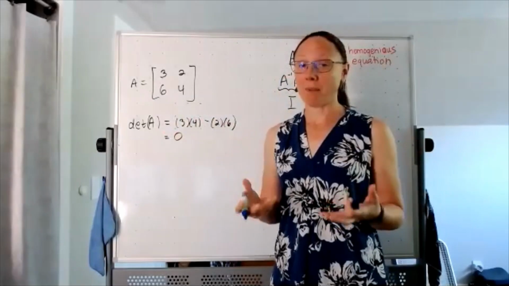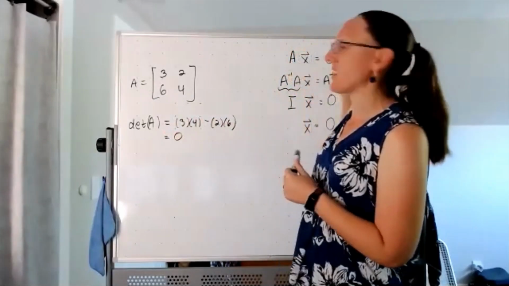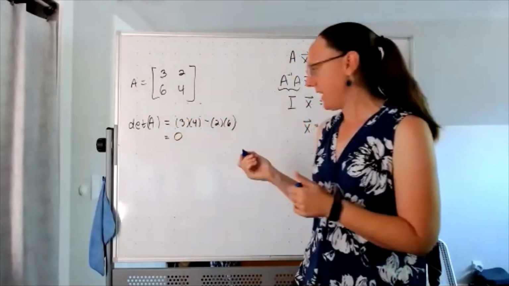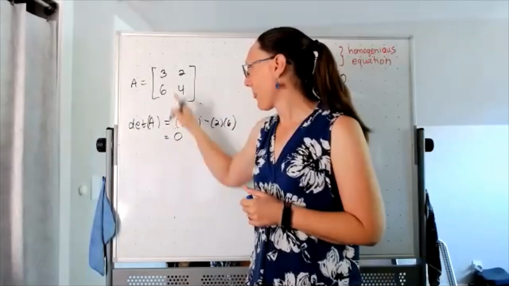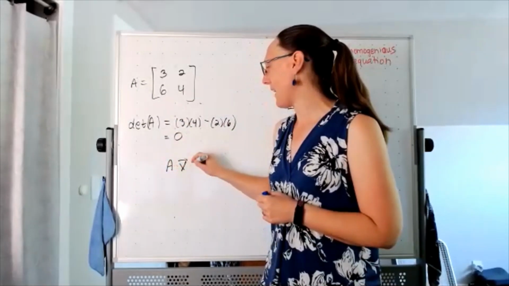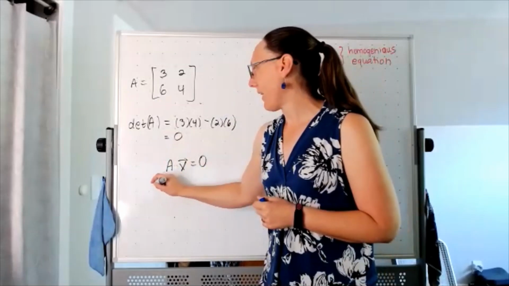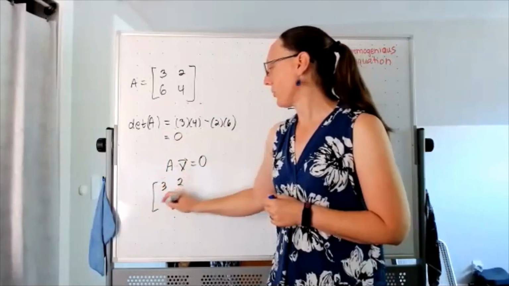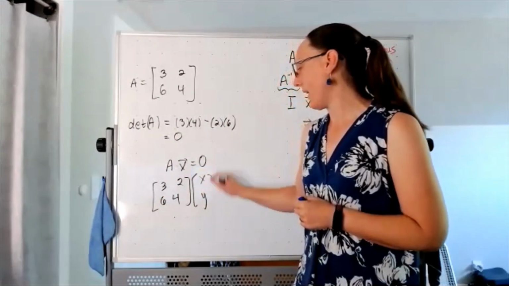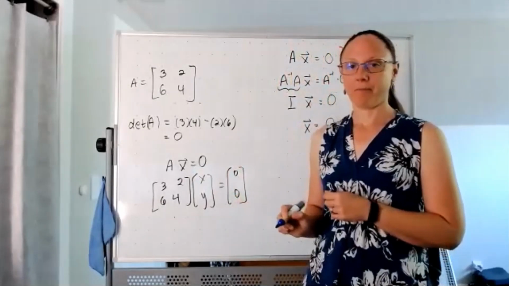Well, let's look at what that means in the context of this homogeneous equation. If I take that matrix A and I think about A times X being equal to 0, then that would look like 3, 2, 6, 4 times x, y is equal to 0.